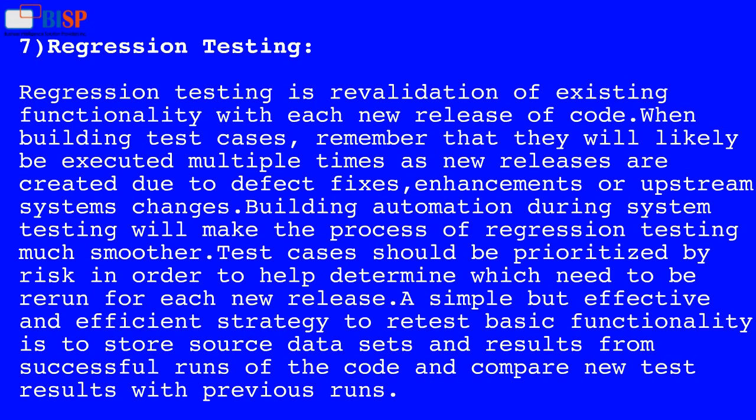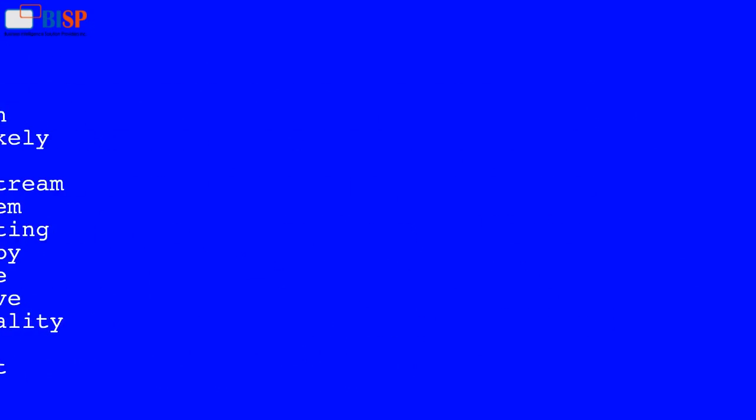Building automation during system testing will make the process of regression testing much smoother. Test cases should be prioritized by risk in order to help determine which need to be rerun for each new release. A simple but effective and efficient strategy to retest basic functionality is to store source datasets and results from successful runs of the code and compare new test results with previous runs.